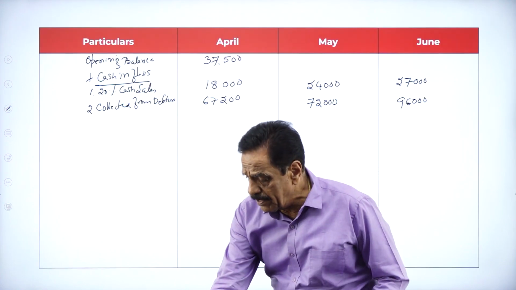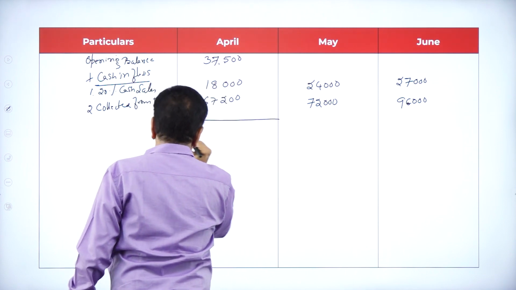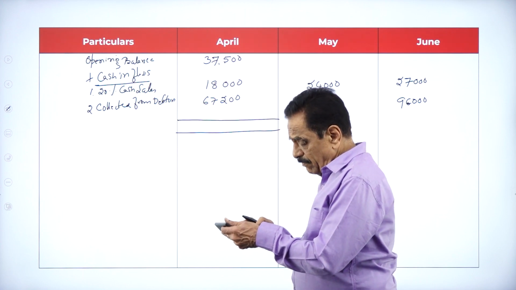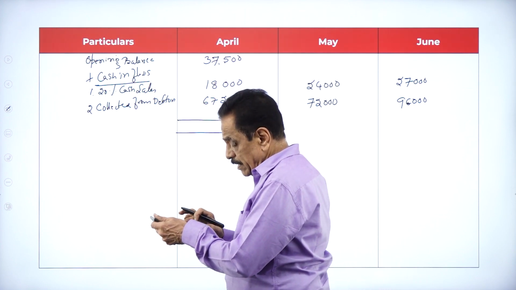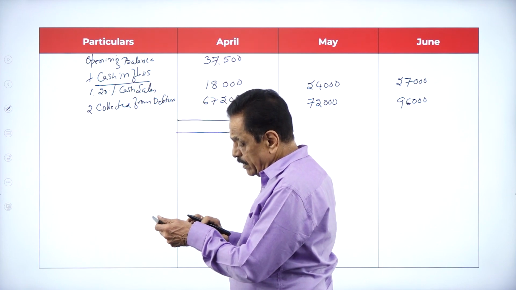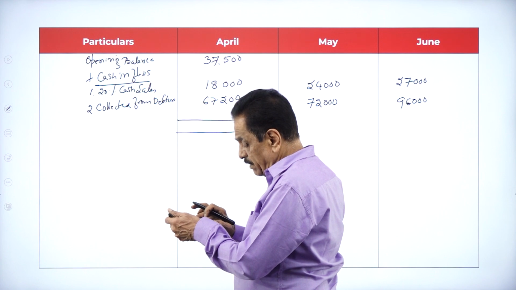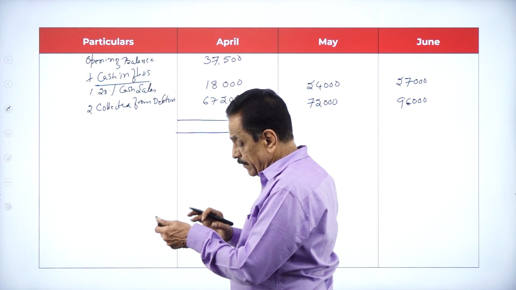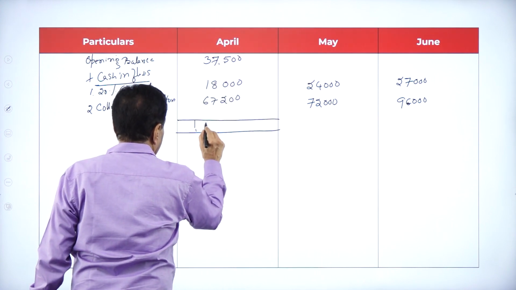So we'll add the figure. $37,500 plus 18,000 plus 67,200, 1,22,700.